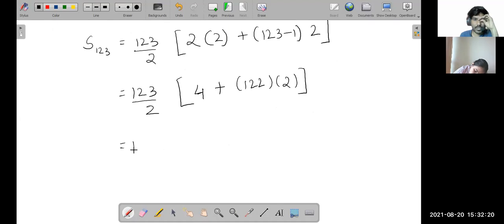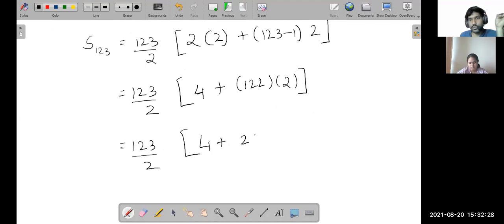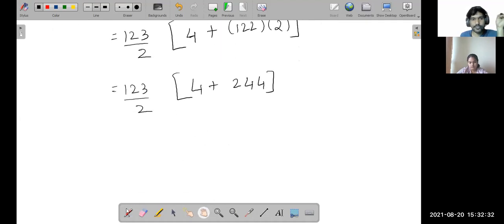Next step, keep the fraction 123 upon 2, 4 plus 244. Next you add them: 244 plus 4 becomes 248.